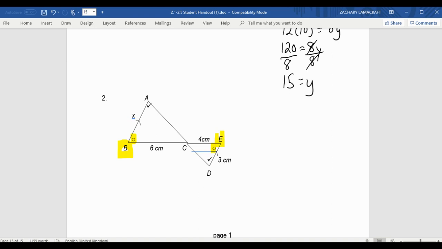E, exactly. And then we have the check mark. So D is the same as what point on the other, or similar to what point? A, exactly. So in this case, we know that B to C is the same as, or similar to, sorry, E to C, because it's just flipped over.